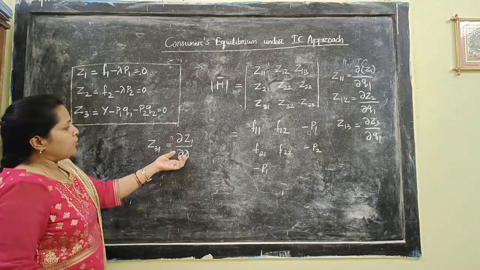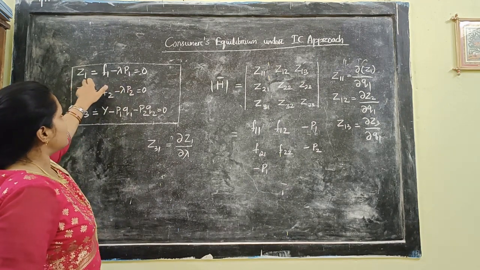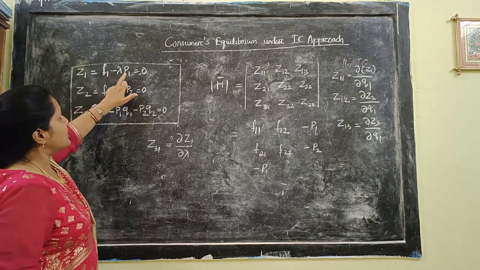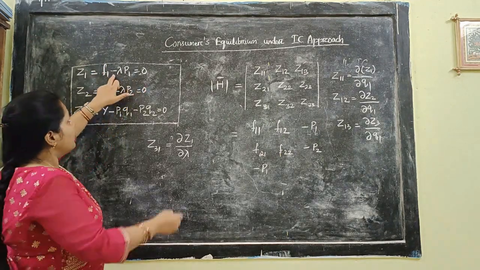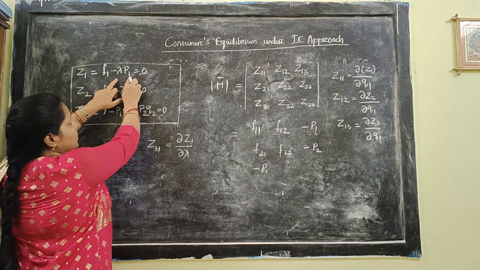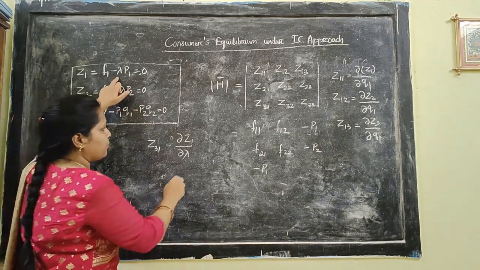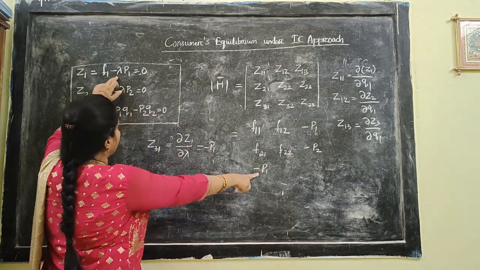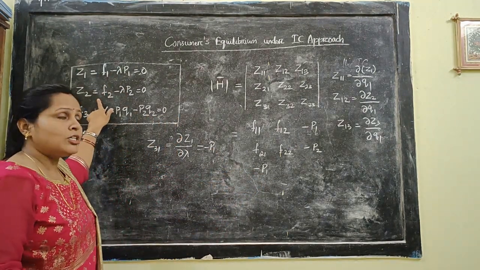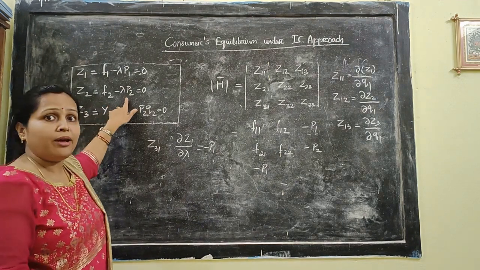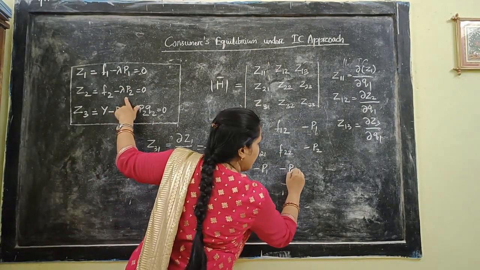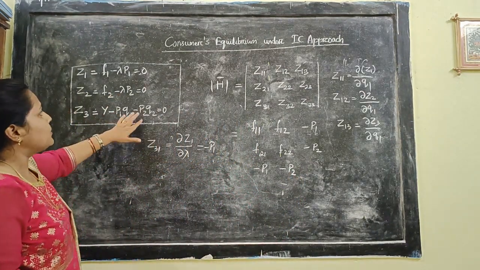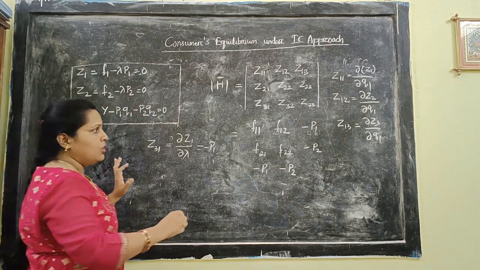In the first term there is no lambda, in the second term there is a lambda term, so the partial derivative with respect to lambda will be minus P1. That is why I have written minus P1 here. Likewise, the partial derivative of the second equation with respect to lambda will be minus P2, and the partial derivative of the third equation with respect to lambda will be 0 because no lambda term is there.